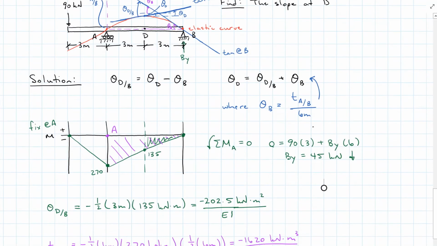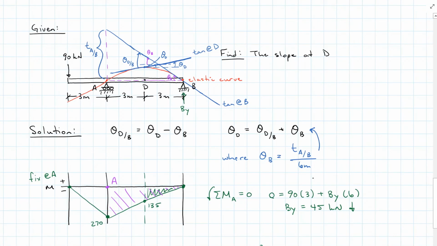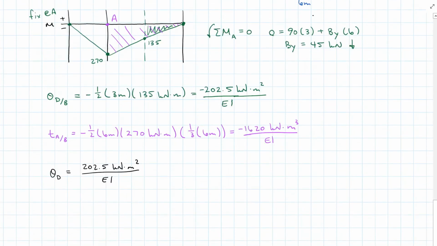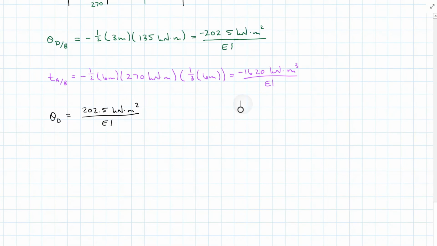With the way that we assumed our picture, we can see very clearly that theta DB is going to be the summation of theta D plus theta B. So that means our equation here is going to change slightly with the magnitudes, that we're going to take theta B and subtract it from theta DB. So coming back down here, that's why I've left off the signs.